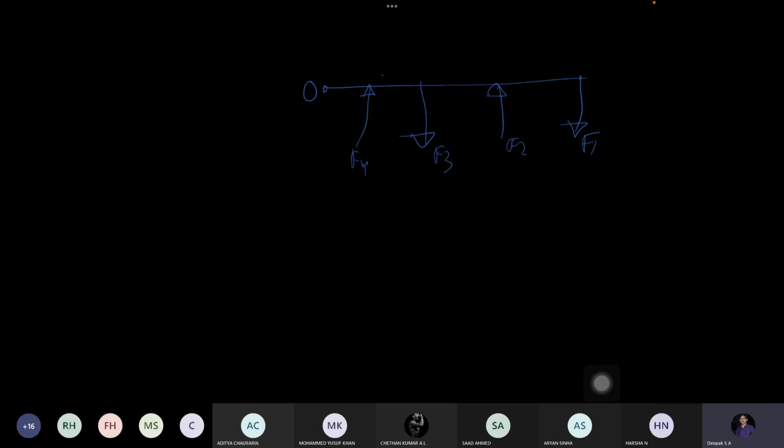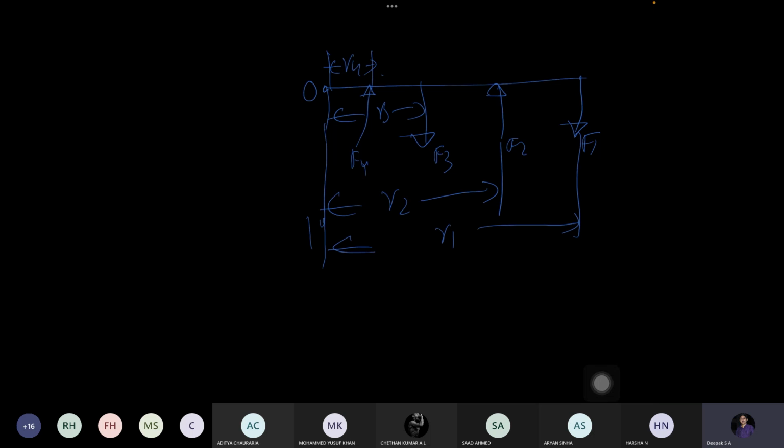If you are taking moment about this point, where this distance is R4, this distance is R3, this distance is R2 and this distance is R1, then first we write the moment about the point O is equal to the first force. What is the first force? F1 into perpendicular distance R1.